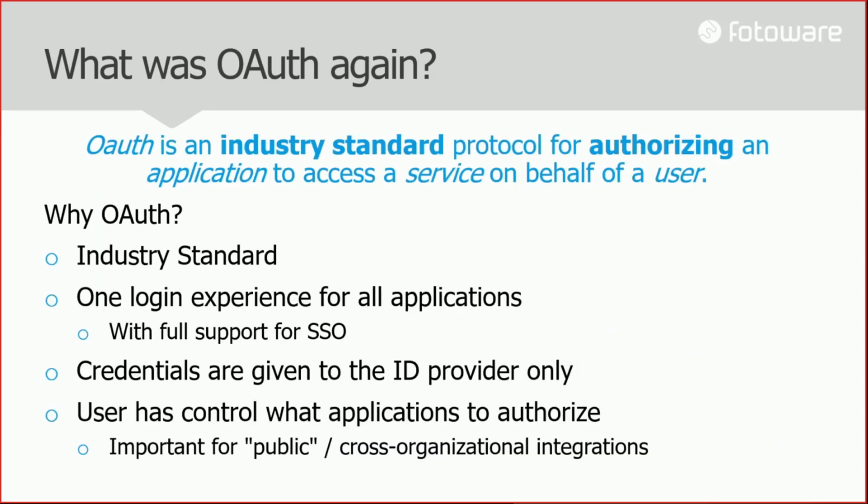We chose OAuth because it is an industry standard and because it puts users in control. For example, users give their credentials, their password, only to Fotoware, or if they use something else to log in, such as Office 365 or Active Directory, they give their passwords only to Active Directory. Unlike in older mechanisms that we used for our APIs, where passwords had to be stored in third-party clients, which is not considered very secure.